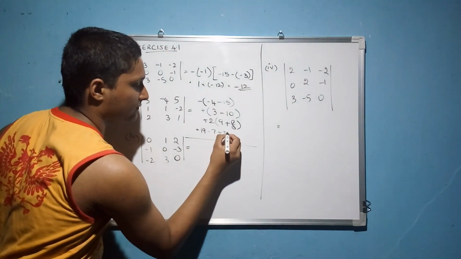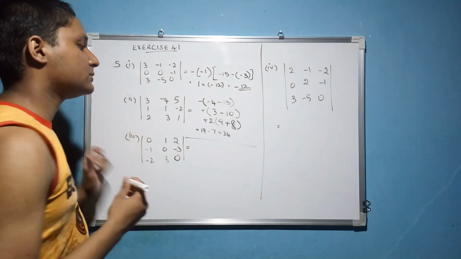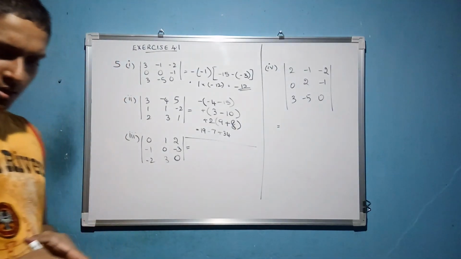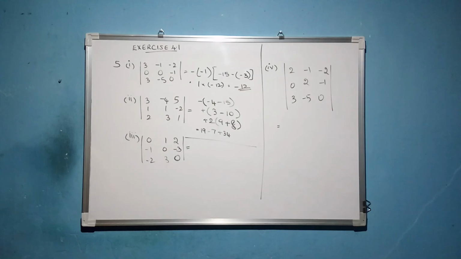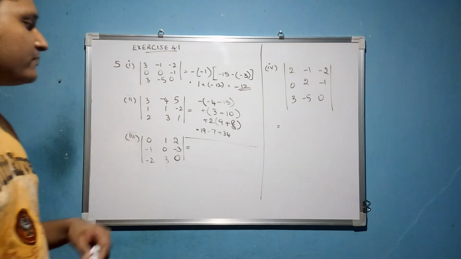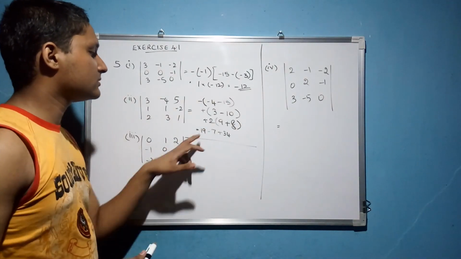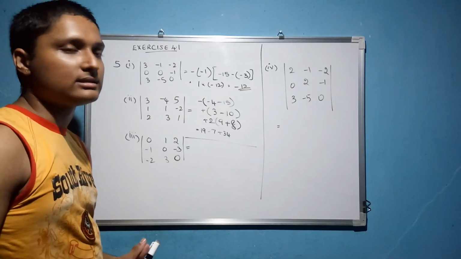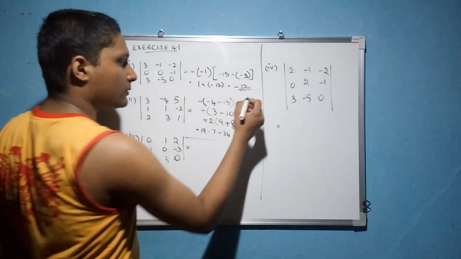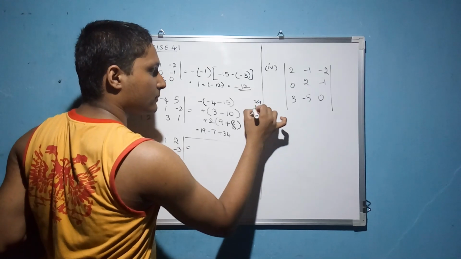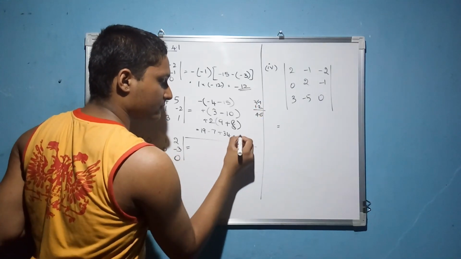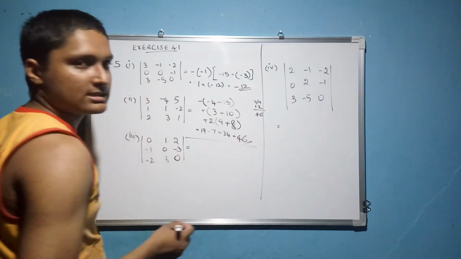Plus 34 we are going to get. So it is going to be a big number, so maybe we'll subtract 7 from 19. We are going to get 12. So 34 plus 12 is 46. So 46 is the answer for this.